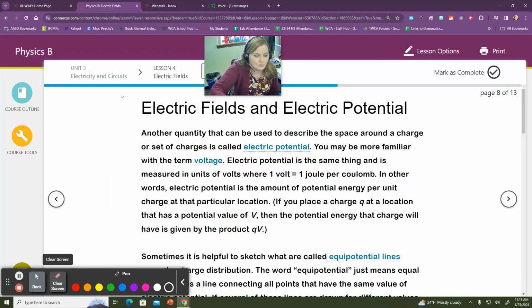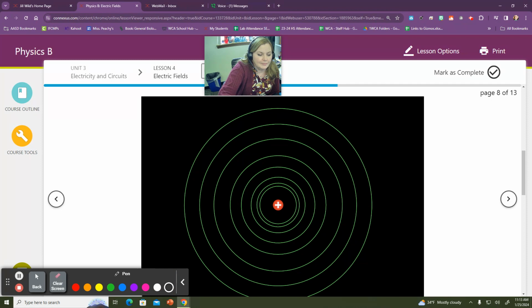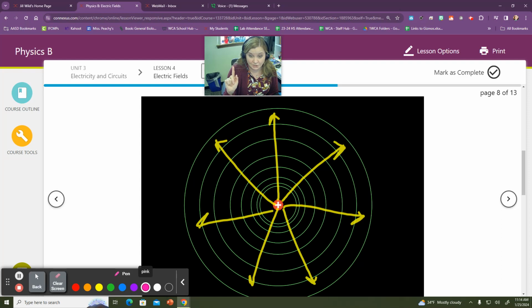Now, what confused me, because I knew this already, was down here, they're using a positive charge. So remember that in a positive charge, your field lines go outwards. So what that means is if I put a positive test charge in this field, it wants to be over here.